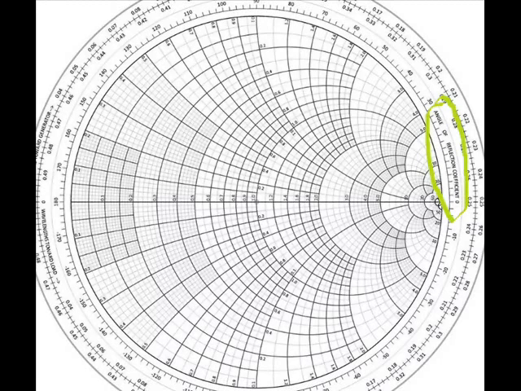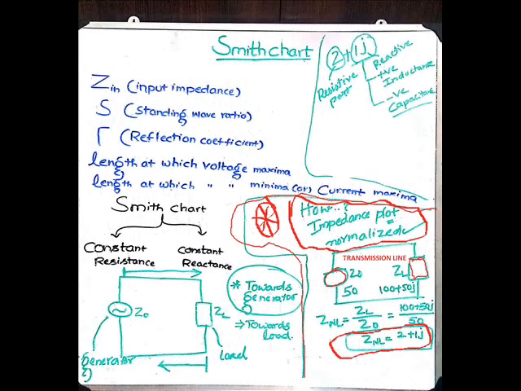Now, the question is how impedance will be plotted in the case of a Smith chart. Again draw the transmission line of characteristic impedance Z0 and load impedance ZL.